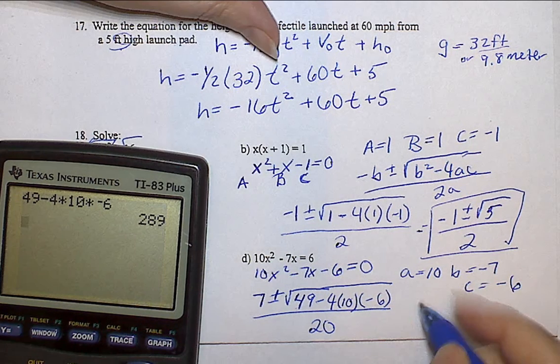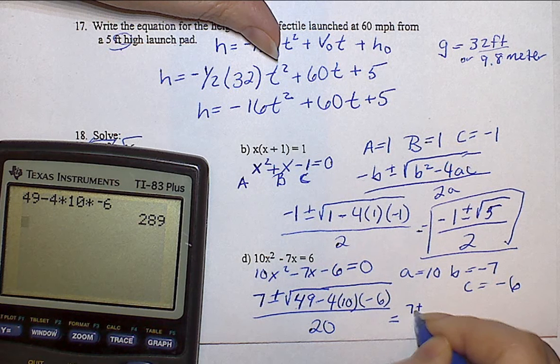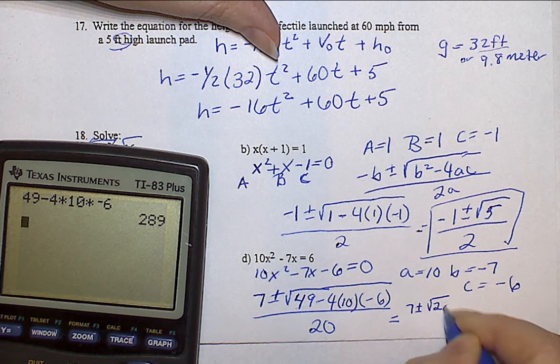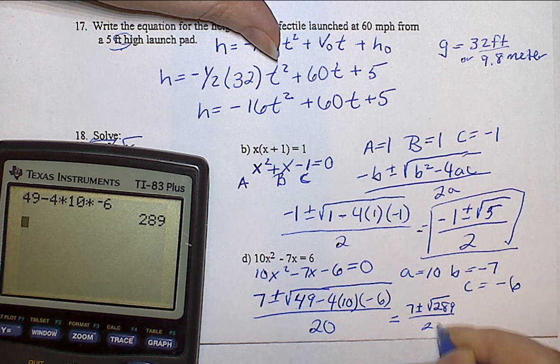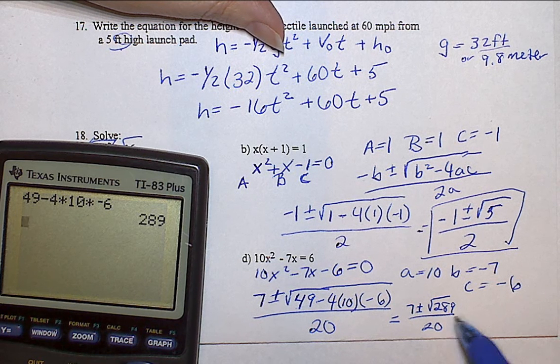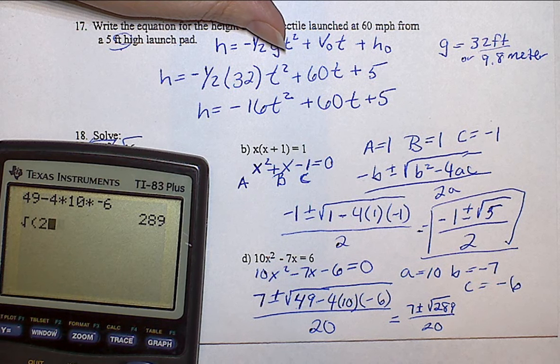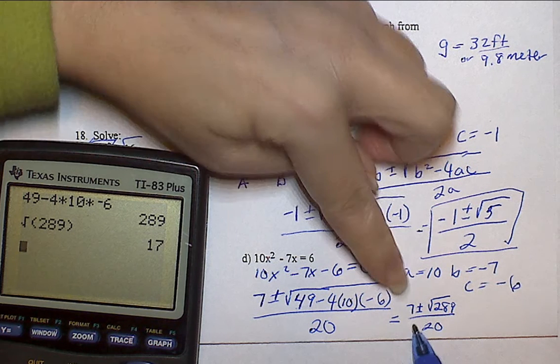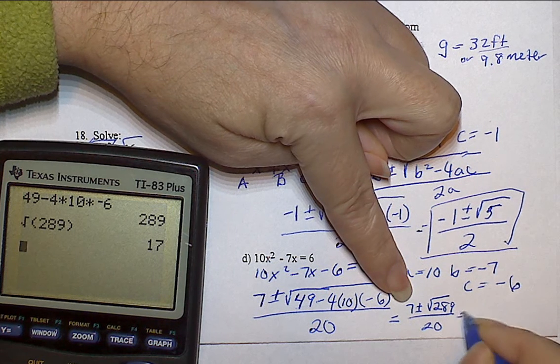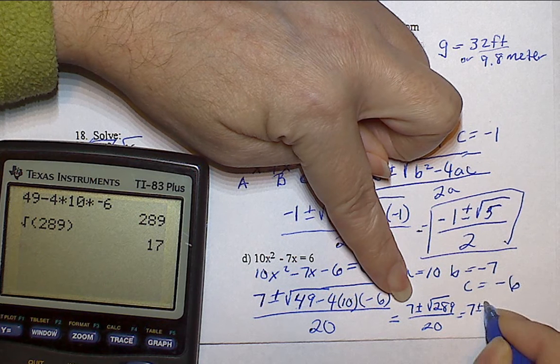So that means I have 7 plus or minus the square root of 289 all over 20. First I want to check to see if 289 is a perfect square. So I'm going to go second entry, 289, and it is 17. Because this is perfect, I know I can just go through. So now I have 7 plus or minus 17 over 20.